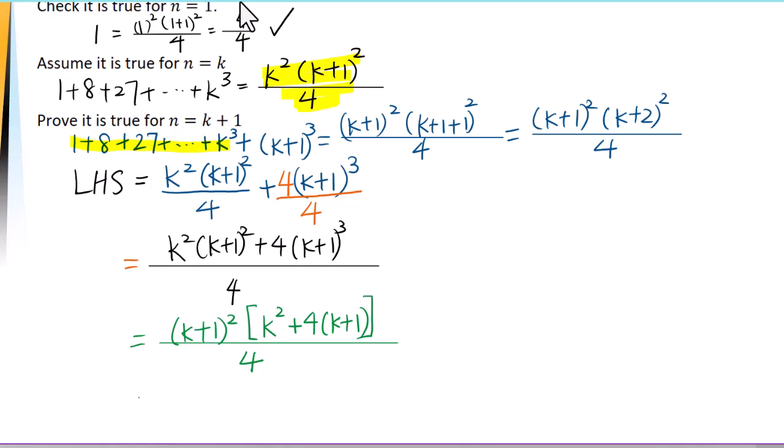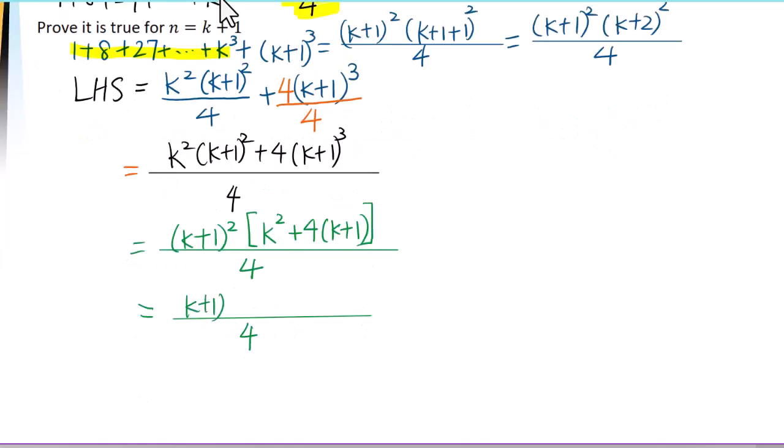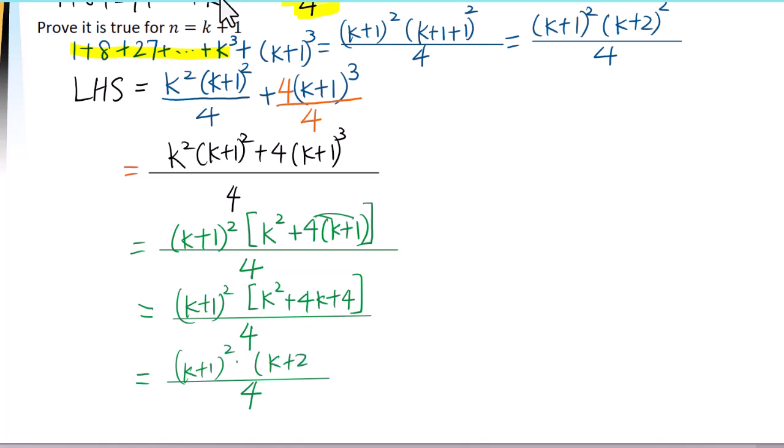Then simplify: k plus 1 squared times k squared plus 4k plus 4. Factor: k plus 1 squared times k plus 2 squared over 4 equals the right hand side.